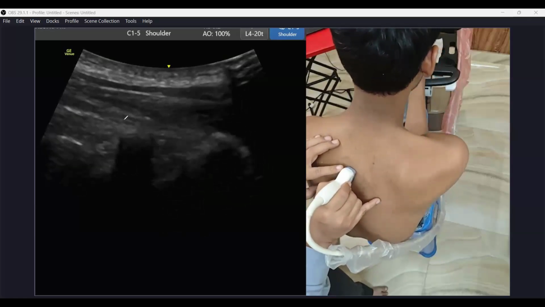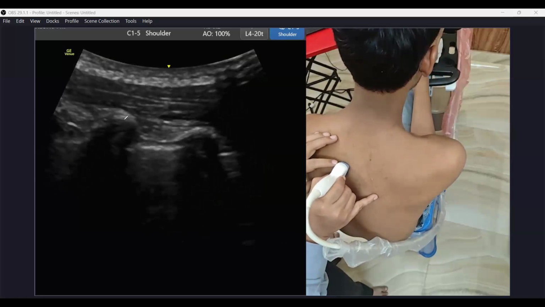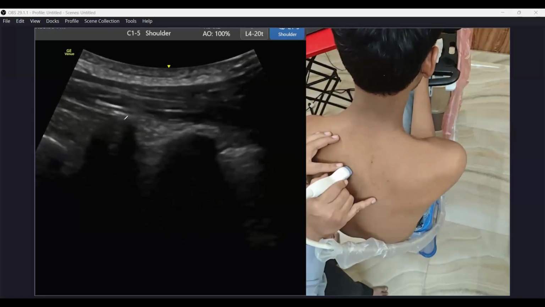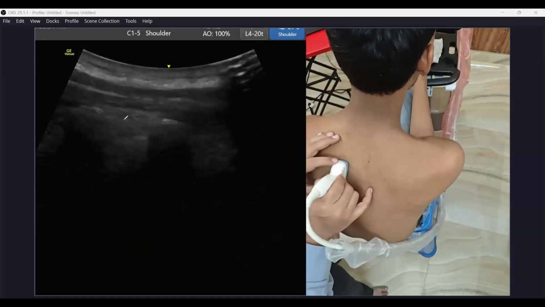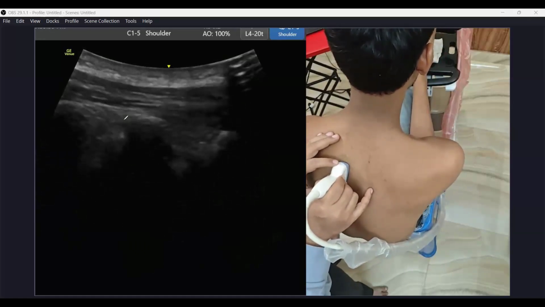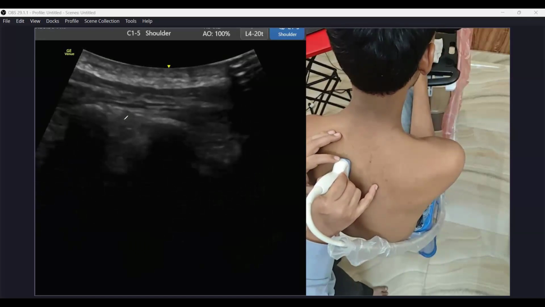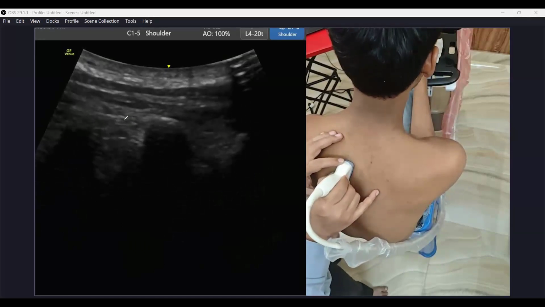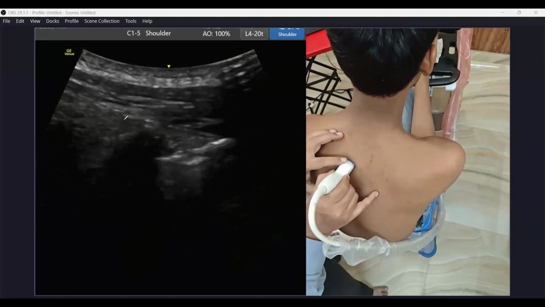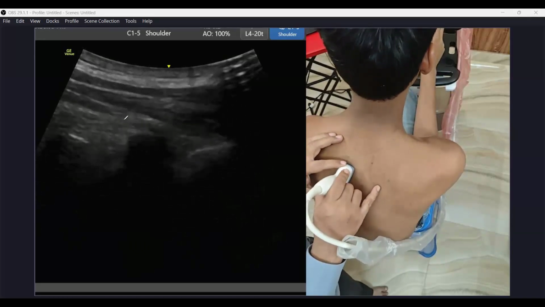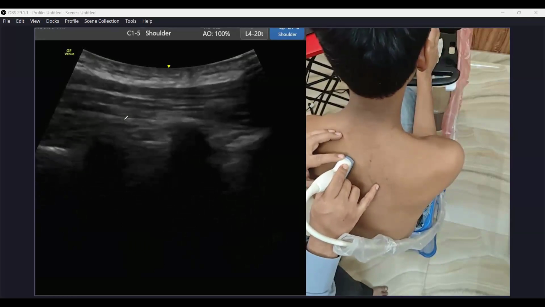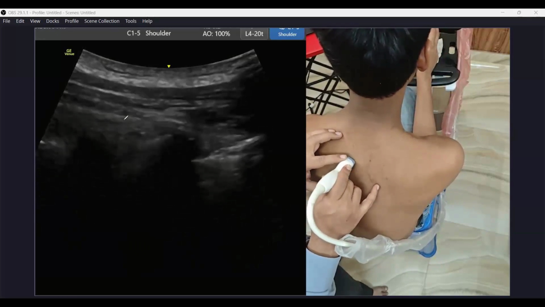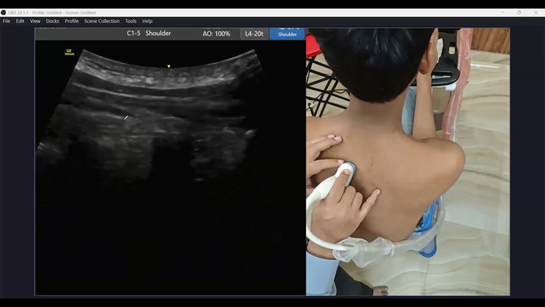So this is a view where all of these are transverse processes. The upper one is the transverse process and the lower one is in the costal cartilage.